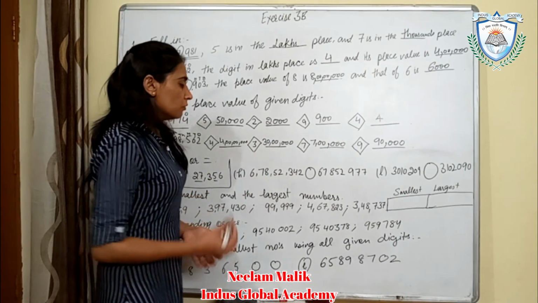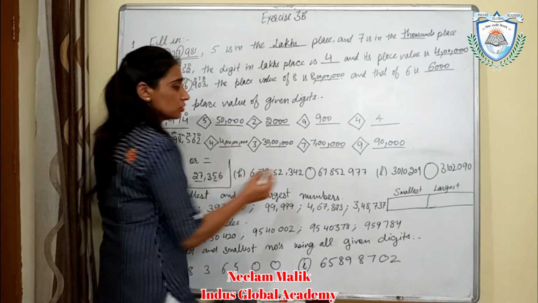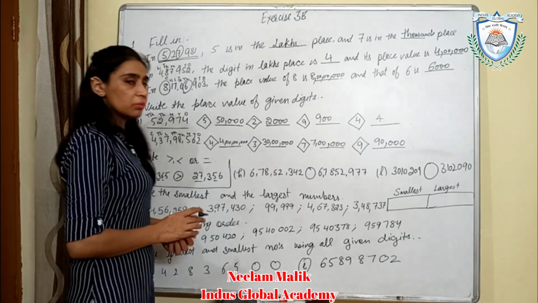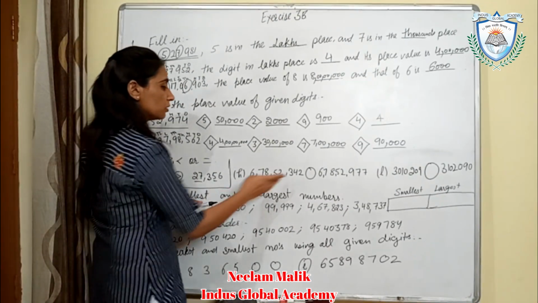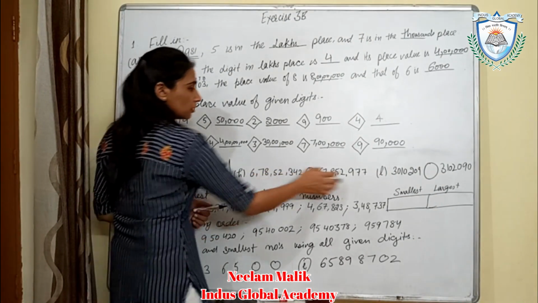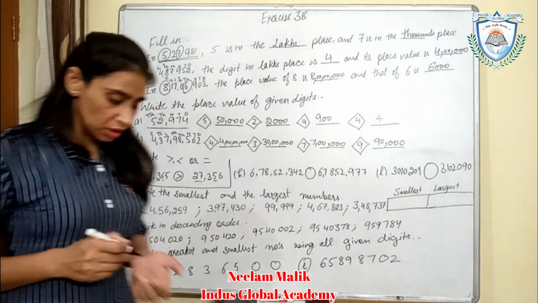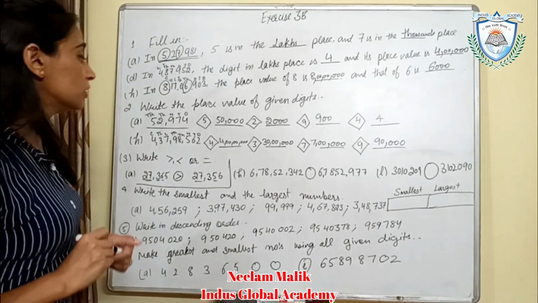Here, first we will count the number of digits. In both the numbers, the number of digits are equal. 3, 4, 5, 6, 7, 8. In both the numbers, equal number of digits are given.